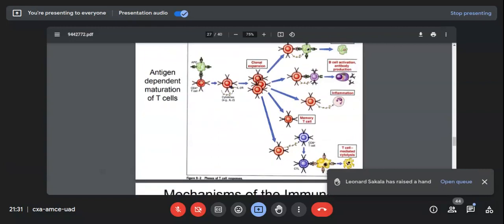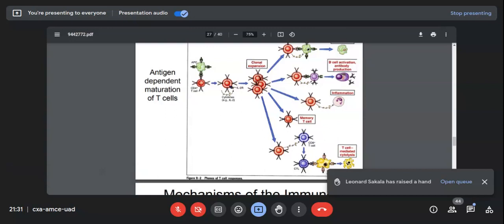Okay. The natural killer cells, if you remember nicely, I didn't put them under adaptive immunity. Natural killer cells are under innate immunity. And last week I talked about how natural killer cells are activated. When a particular type of chemicals are secreted, they are activated.